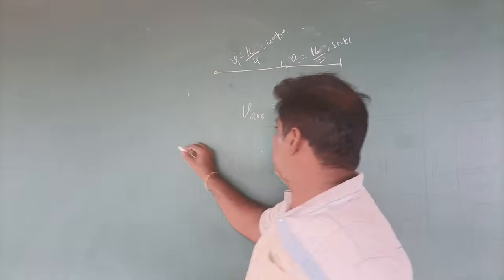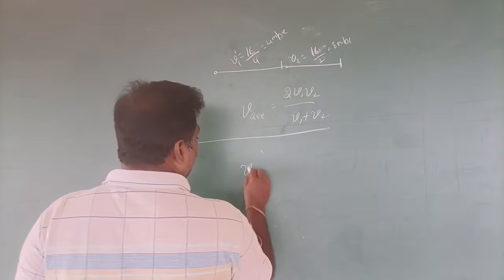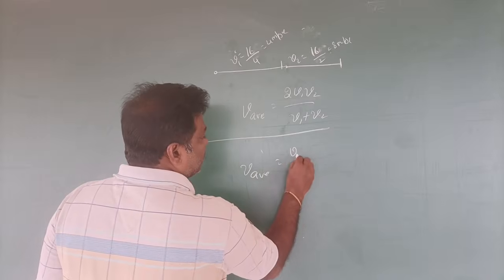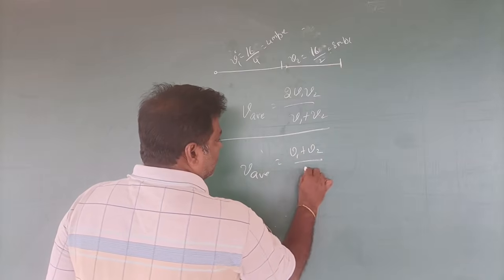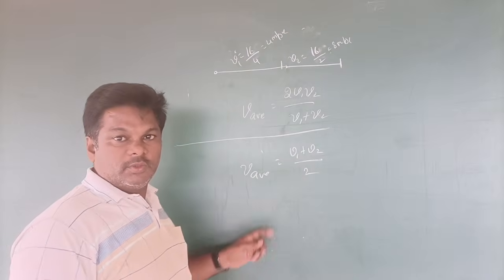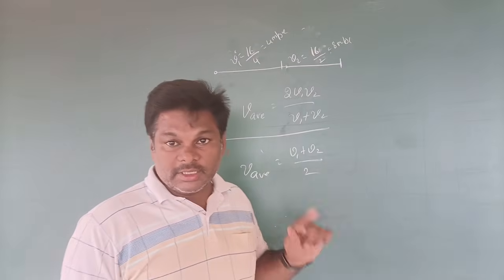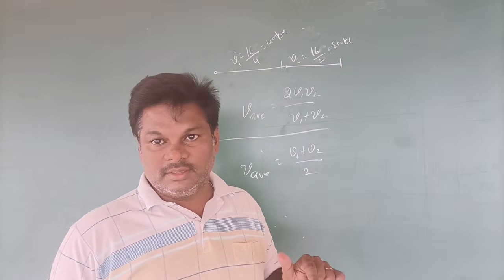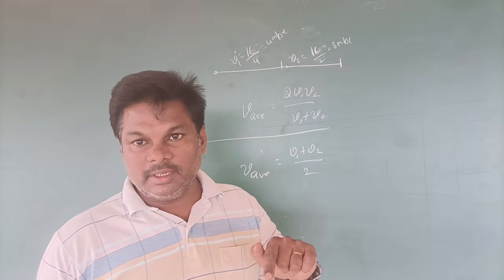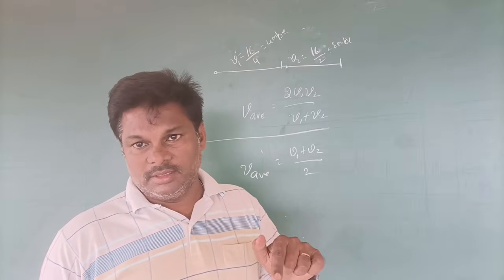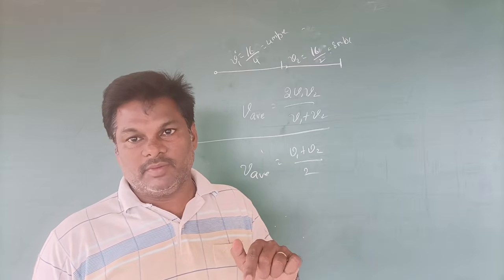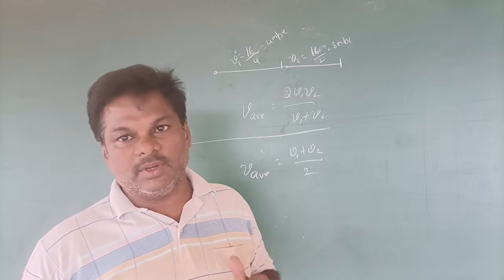We have another formula here. V average is equal to V1 plus V2 by 2. So this formula you are using when an object covers a distance in half of the time interval and another distance in the remaining half of the time interval with different velocities.